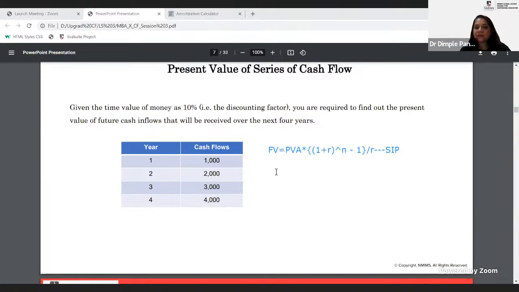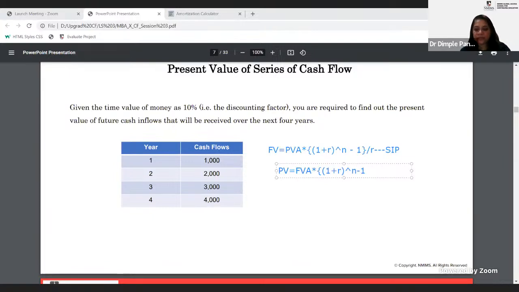The other concept that we use is PV equal to FVA, right? The same formula will be there, but where is the application of this?